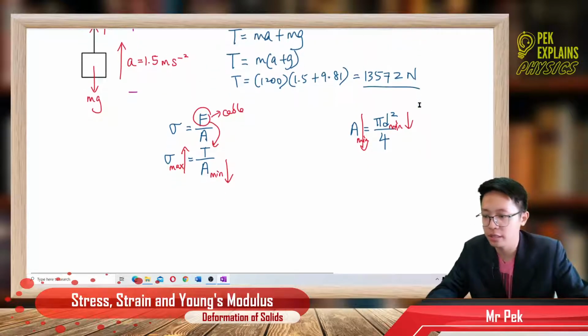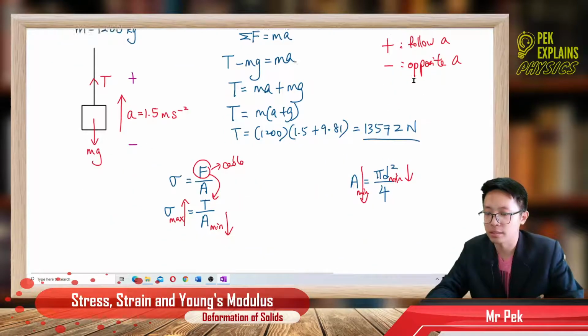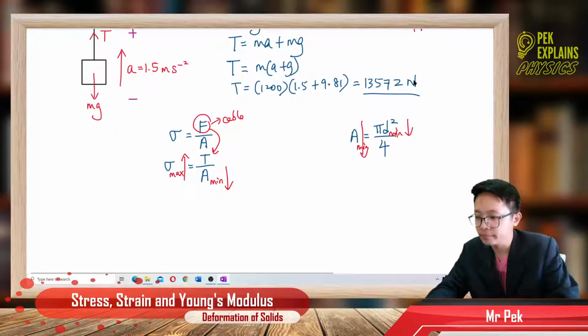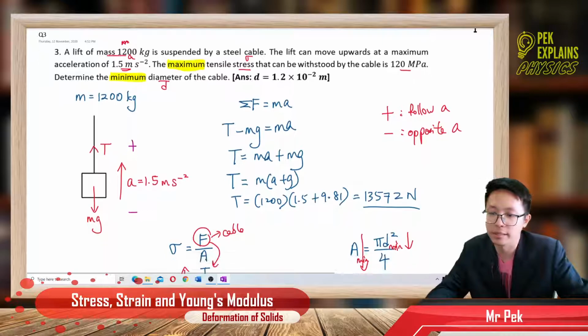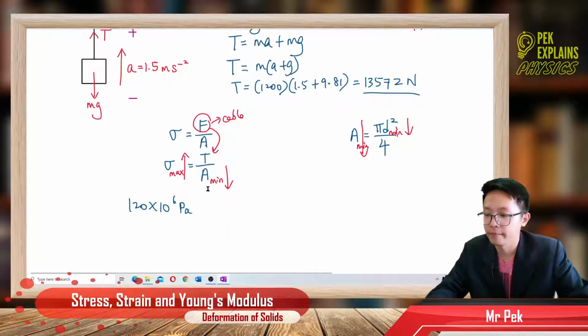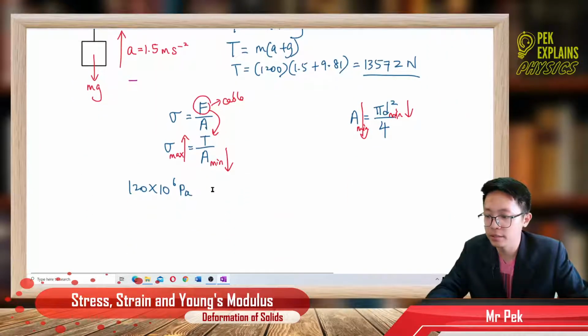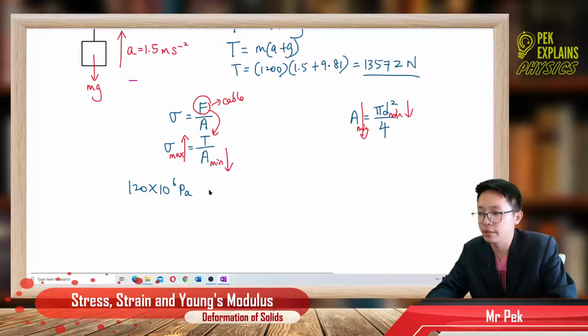I got the tension already. So the maximum stress can withstand is 120 megapascal. Mega is exponent 6. Change to SI unit, pascal. Okay, I already changed to SI unit.